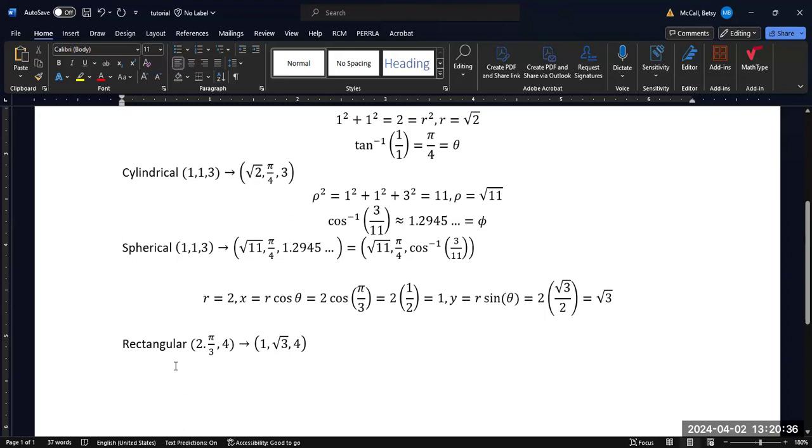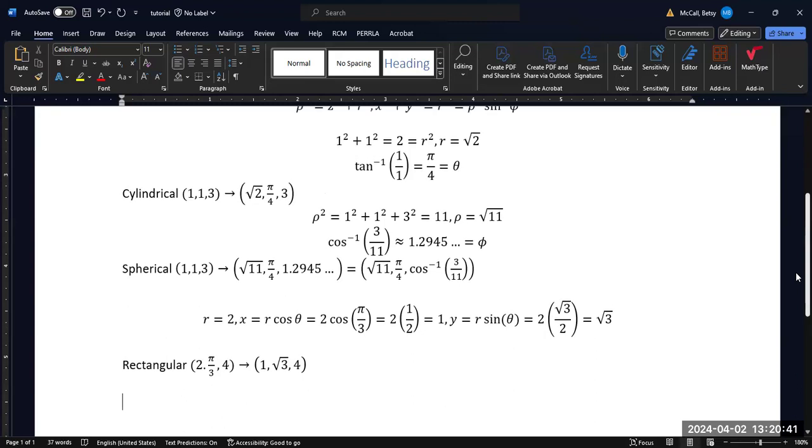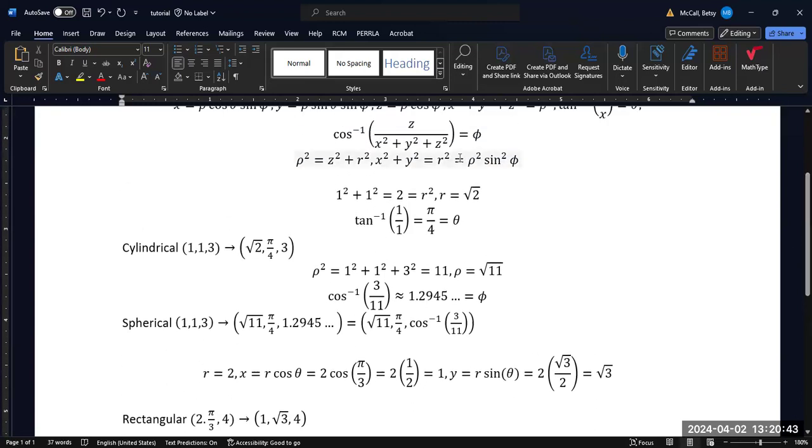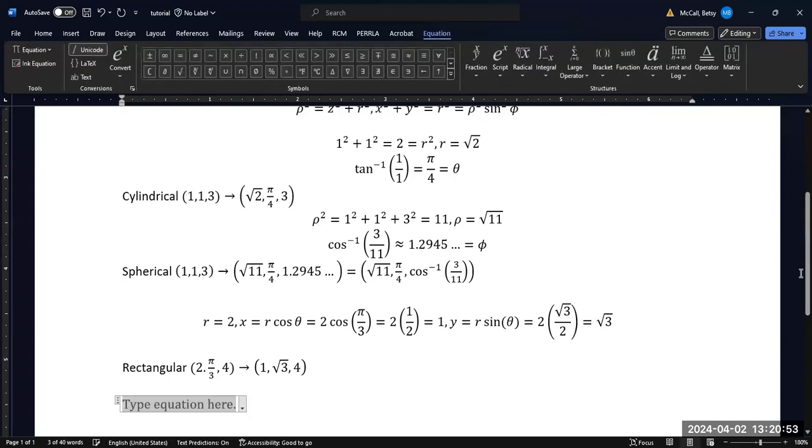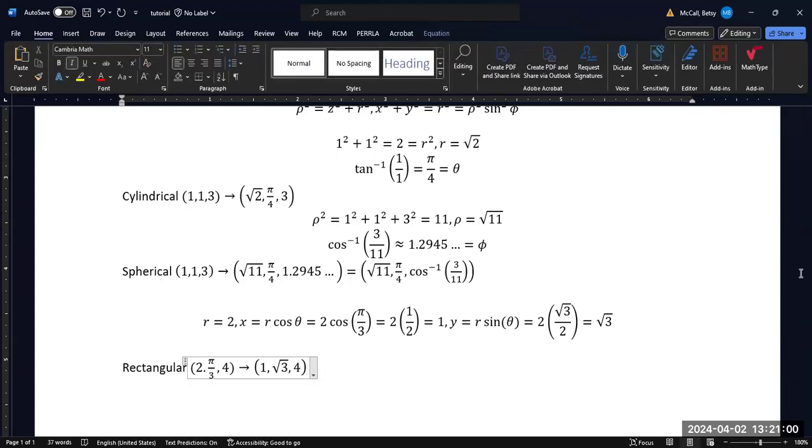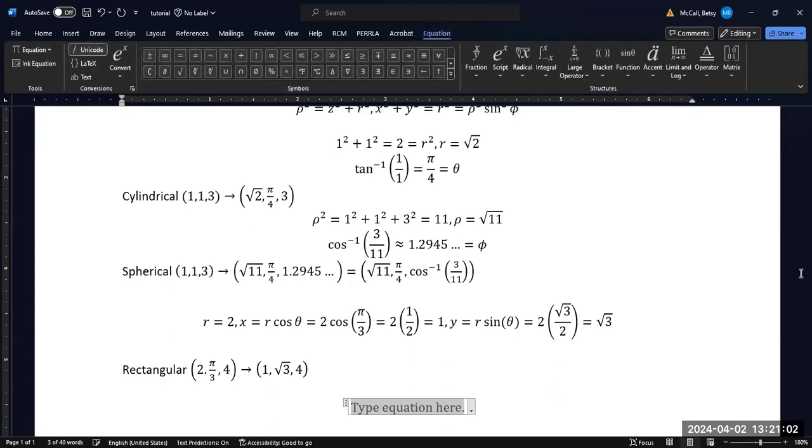Now, for the spherical case, we're going to need a relationship between r and rho, and that's where these kinds of expressions come in. So we know, for instance, that rho squared is z squared plus r squared. z squared is 4 squared, and r is 2.